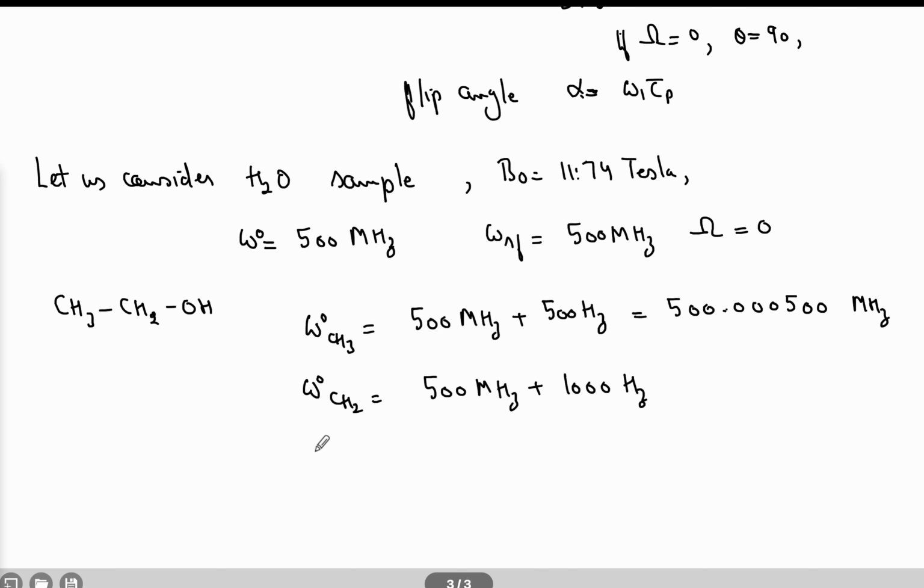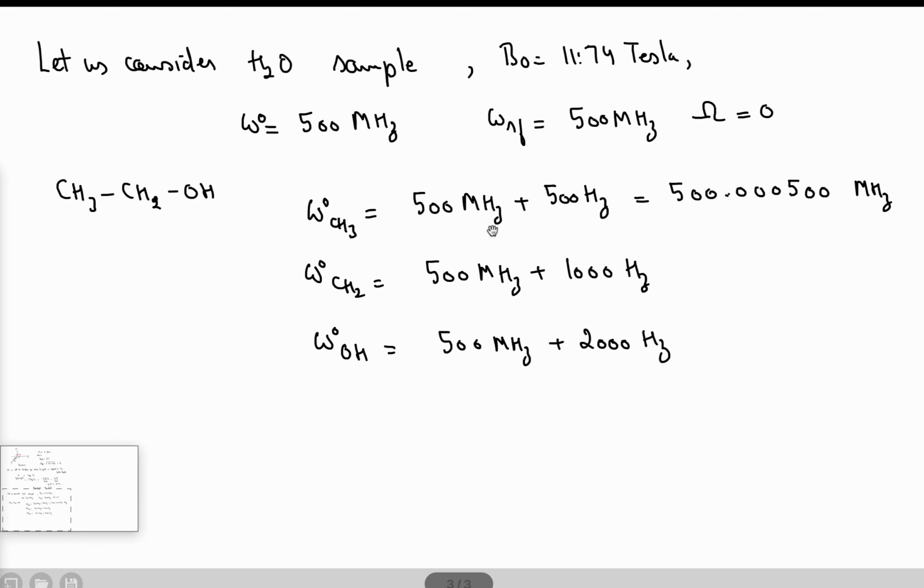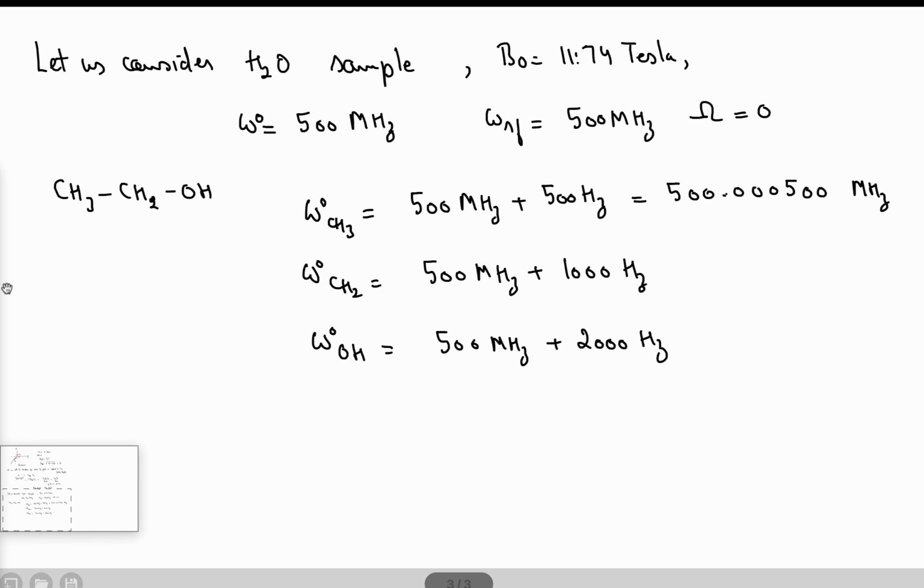Same thing you can write here, omega naught OH, this is for hydroxyl proton, so 500 megahertz plus 2000 hertz. Okay, so now what you can do is you can keep your carrier frequency at any of these resonances, right?